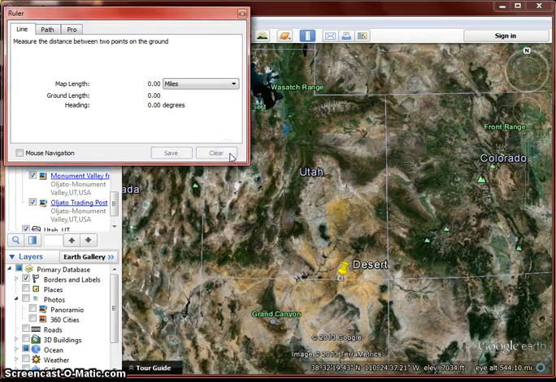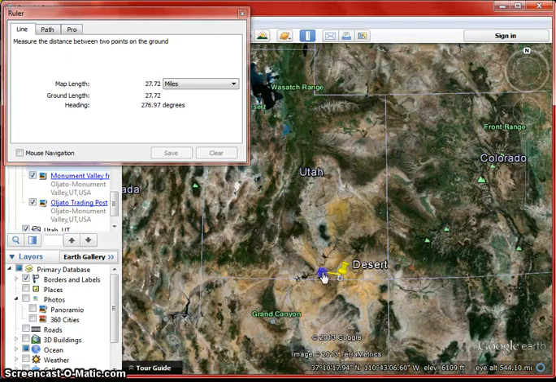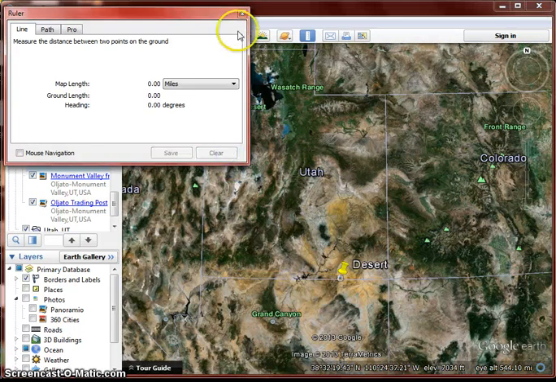Have them clear that, and they could write down that data, and then take the pen again and go this direction towards Interstate 15, about right here in that southwest corner. That's about 160 miles. And I would go ahead and clear this.